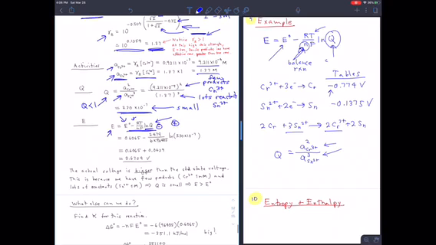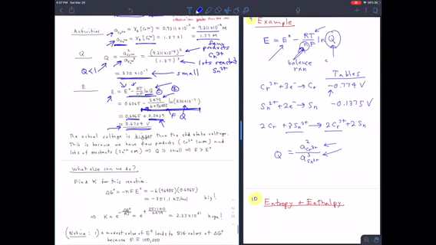So if we plug the numbers in, there's our Q value, there's our N of 6, RT is 2479 at 298, there's the F value of about 100,000, again doing the arithmetic, and we get a relatively small positive value for this whole end of the Nernst equation, and therefore indeed our predicted cell voltage, our actual cell voltage at non-standard conditions, is a little bit greater than the standard state cell voltage. All right.